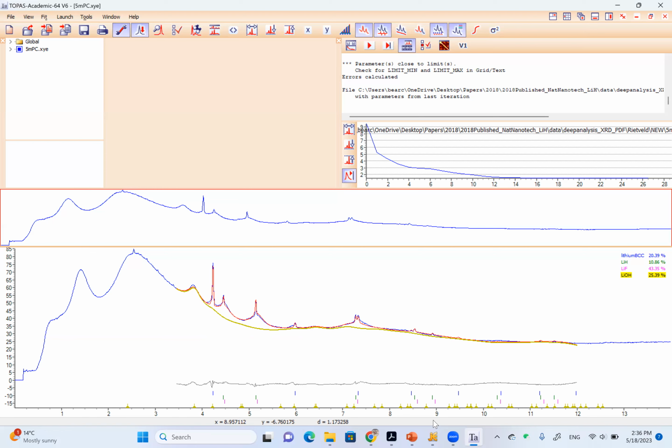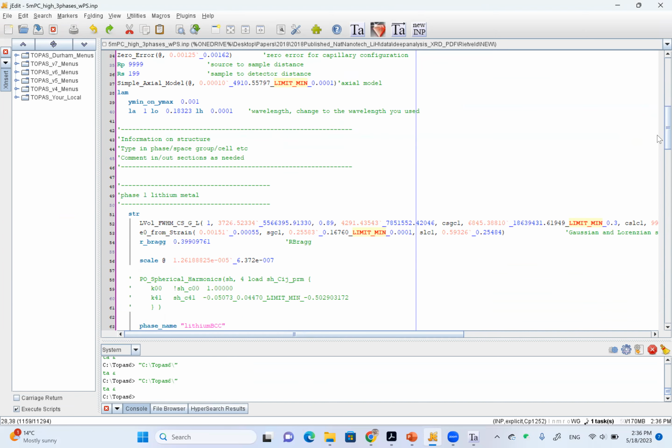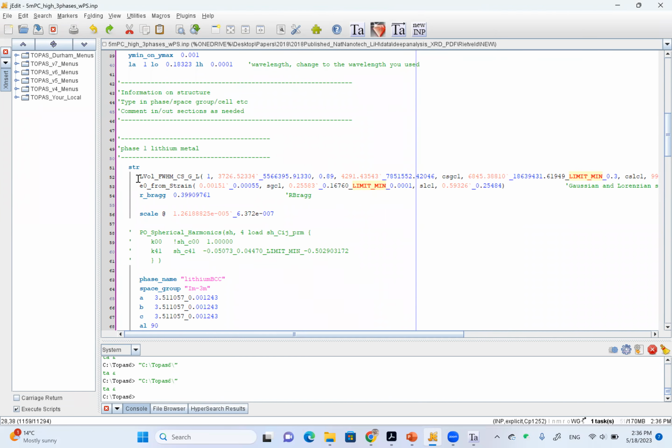We haven't talked about profile function yet because it's more like a routine choice. The profile function we use for all phases is what we discussed last time. This is basically the volume weighted peak width with both the crystal size and strain contribution. And so these two functions define the profile function we use, right?